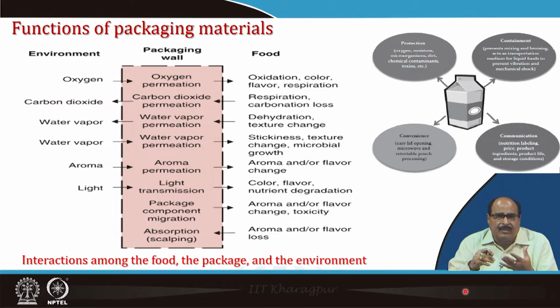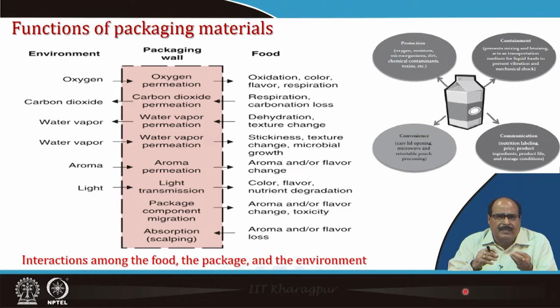There may be carbonation loss, and this carbon dioxide changes the environment inside, and then the shelf life may be reduced. So, what I am trying to say is that the O2 concentration matters.